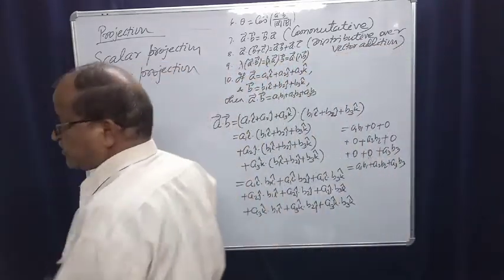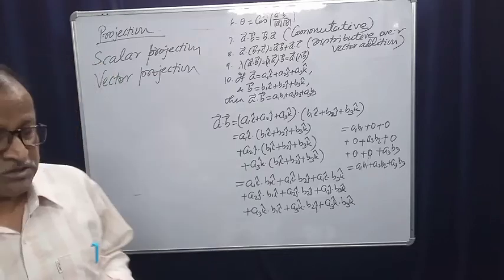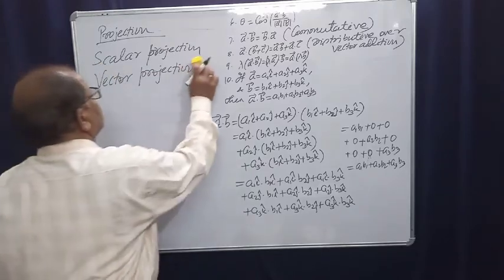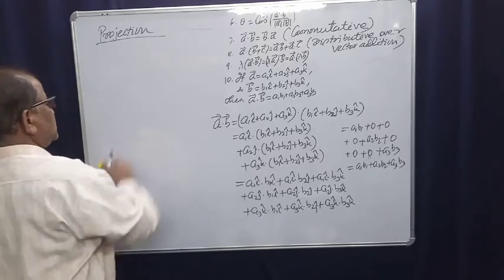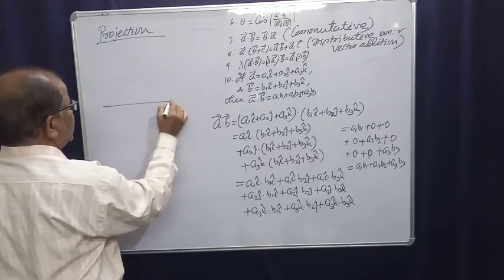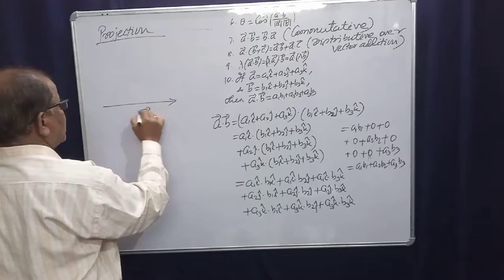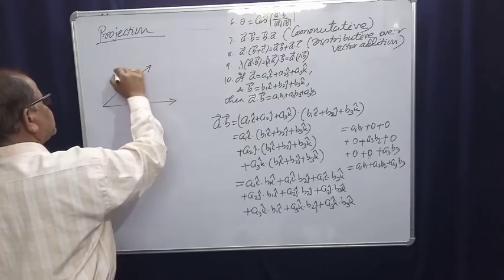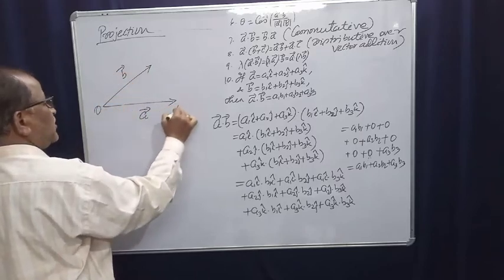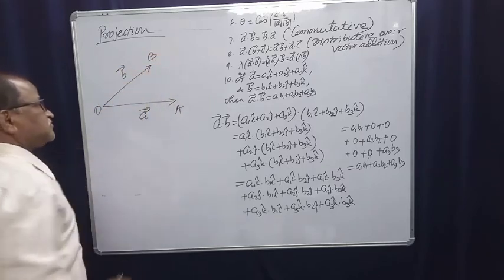First let us find out the scalar projection. So what is the scalar projection? Suppose this is a vector A and this is a vector B, with O, A, B as shown.